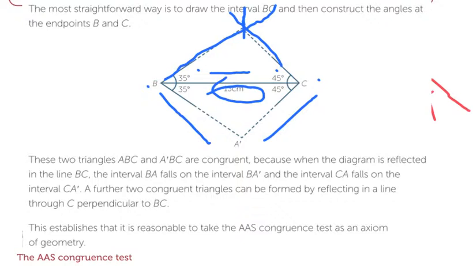So the two triangles ABC and A'BC are congruent because when the diagram is reflected about the line BC, the interval BA falls on the interval BA', meaning that these lines can only go a certain way. They can only be 35 degrees and 45 degrees and therefore have to meet in the middle and be congruent with each other as they are a reflection of each other.